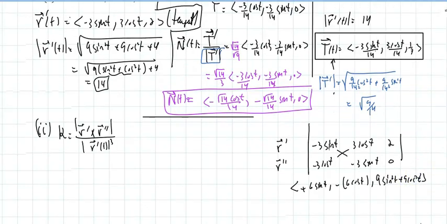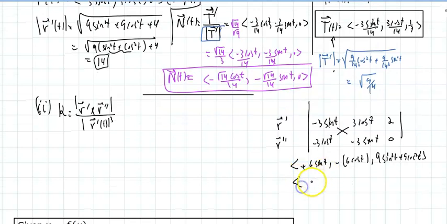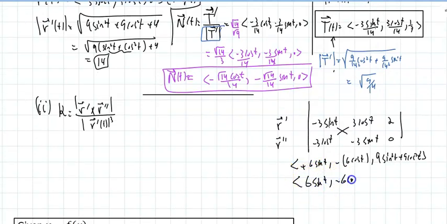So, wouldn't you say that this is 6 sine of t, negative 6 cosine of t, and that's just a 9?